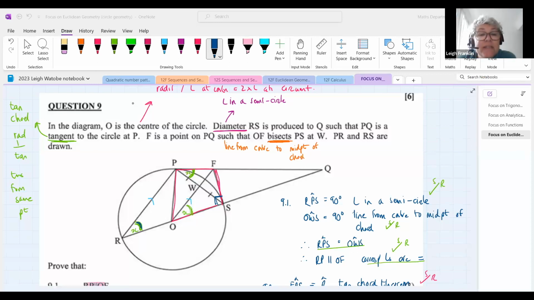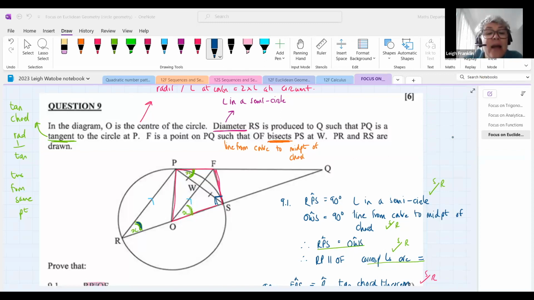If PQ is a tangent, they gave us that in the beginning. What can we say about OP and PQ? Remember, OP is a radius. There we go, Lebogang. The tangent is perpendicular to the radius. Yes, Gugu, wonderful. Perfect.